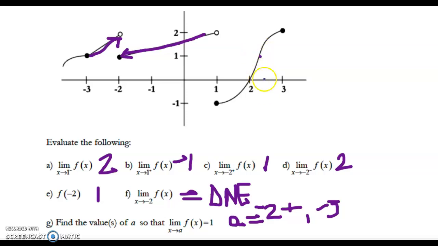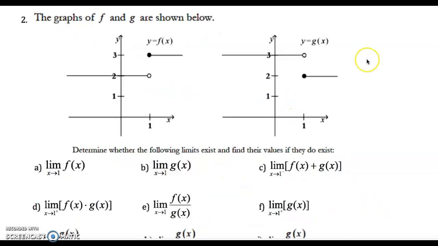So I'm going to say at about 2.5-ish, 2.4-ish. So if a is equal to about 2.4. Those are the values of a where the value of the function will equal the value of the limit, which will equal 1.